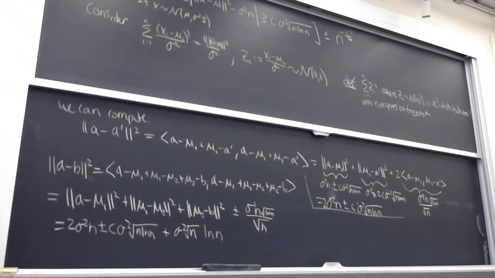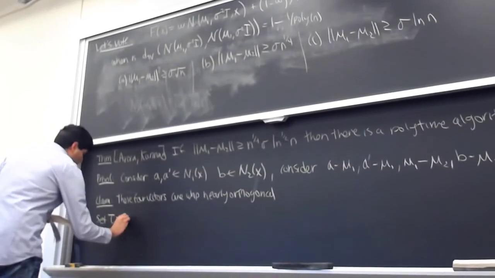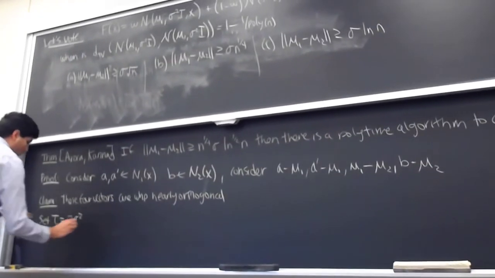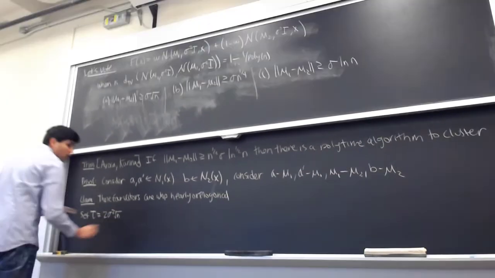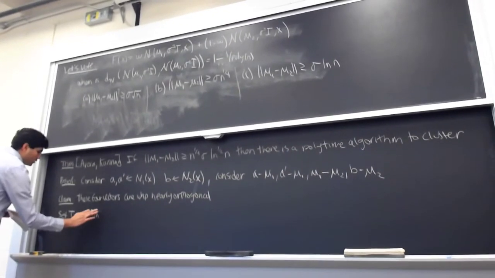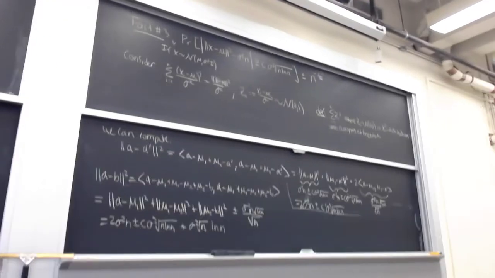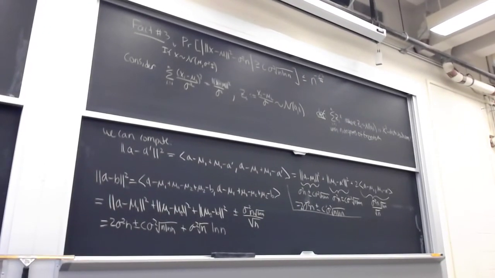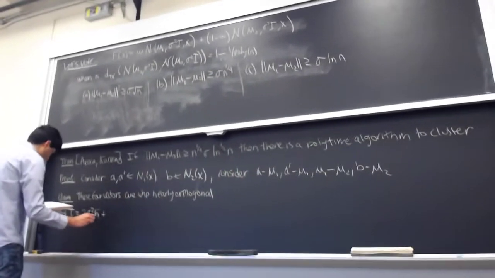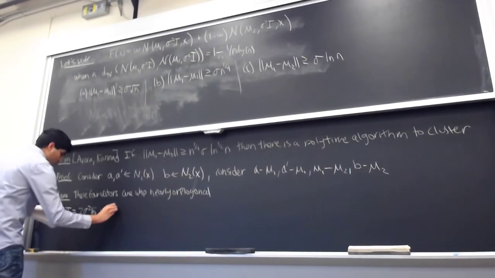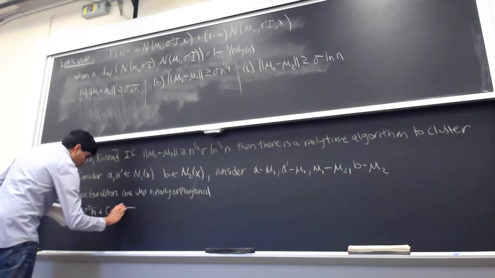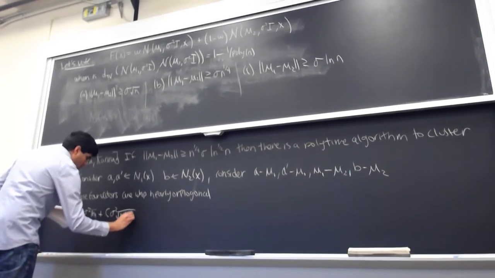So the entire algorithm now is, what I would do is I would set tau to be 2 sigma squared n. Wait, sorry. 2 sigma squared n. And then maybe plus some c sigma squared root n log n.